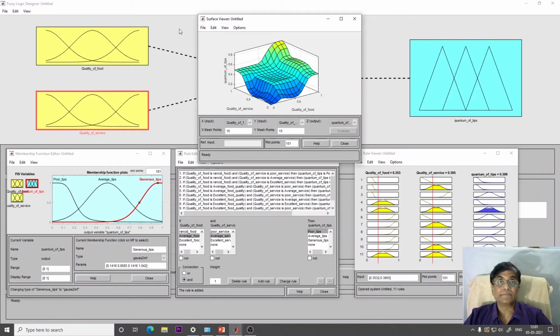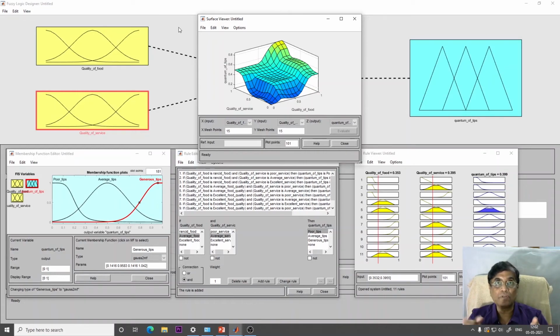And of course, you can also design your fuzzy inference system which can help you to tell whether you are going to get a chance in a foreign university for higher study. Inputs in that design could be your CGPA at the undergraduate level, recommendation letter, and then test results.